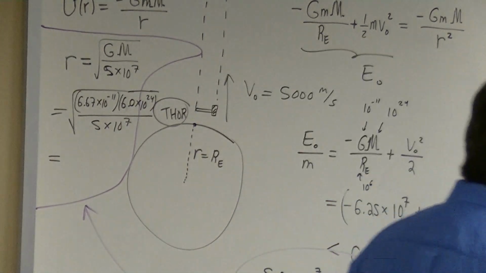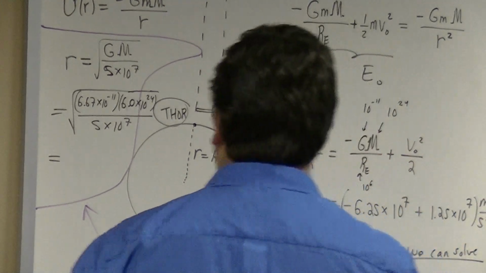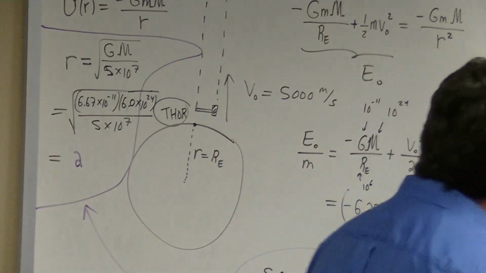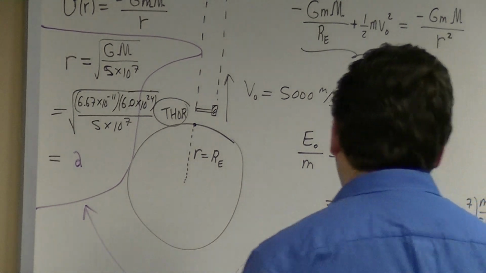These are weird units. Yeah, okay, well, so what do we get? 2,000? That's it. That feels wrong. 2 miles. It's not enough.